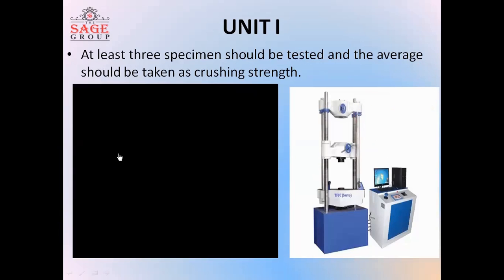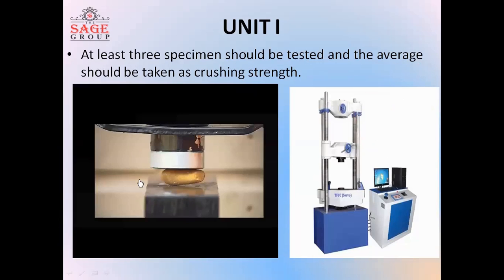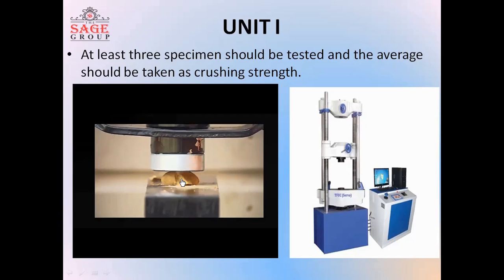So let us see how the crushing strength is found out. The specimen is tested, and the load at which the stone starts to break or cracks form is noted, and it is considered the crushing strength of the stone. Let's see it again.